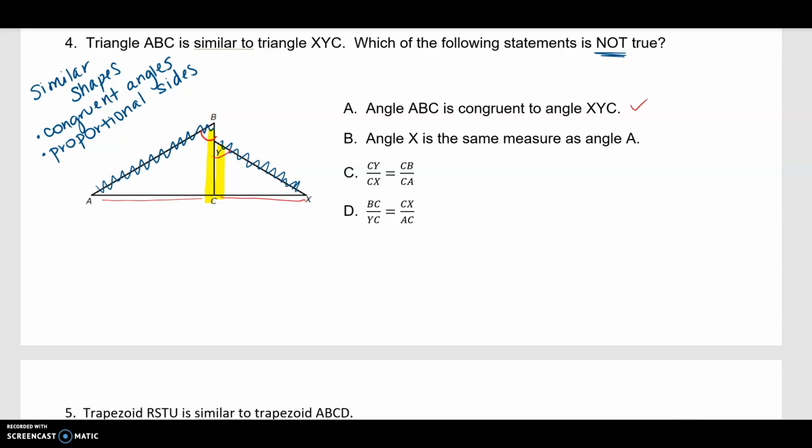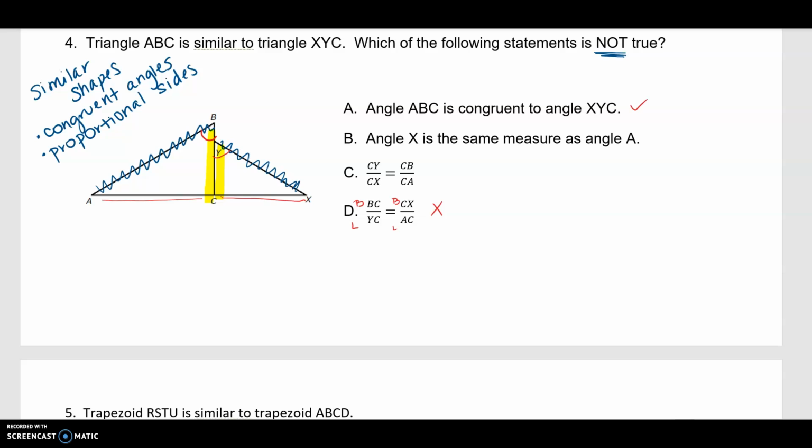Well, not quite right, because this one here was the big triangle. We have the big triangle, and then we have the little triangle. So we need to have the big triangle first. So that one does not match.